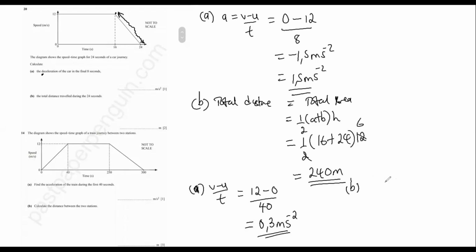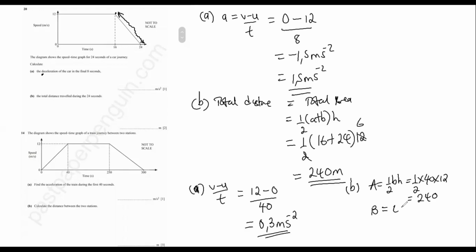So the first area for A is going to be half base times height, where our base is 40 and our height is going to be 12. So what do we get now? We get 240. Okay.